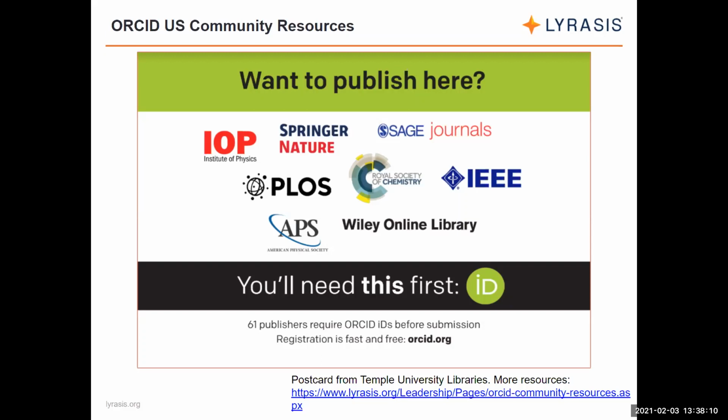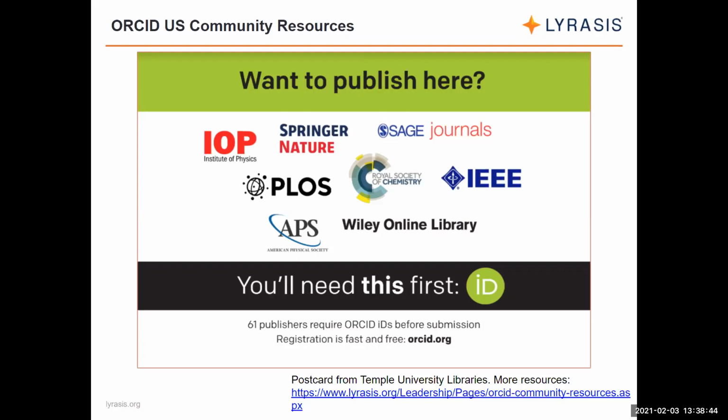Your organization does not have to be an Orchid member to start doing education and outreach to your researchers, because making sure that your researchers have an Orchid ID and at least have some information populated in their Orchid record is one of the big pieces that allows organizations to also benefit from Orchid. So all the people that are involved, all the organizations that are involved can play a role. Even if your organization is not a member, you can start doing this type of outreach.